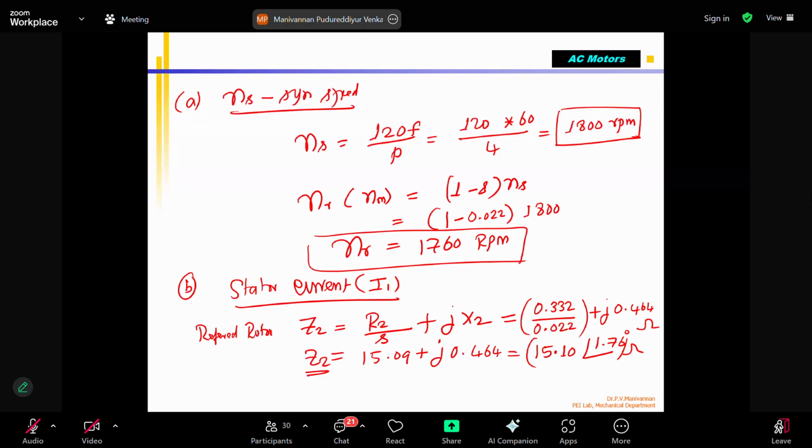The equivalent circuit we are talking about is with respect to the input voltage, the stator voltage V1. The current flows through, and that current goes into the rotor coil. Some part of the current is used for magnetizing, Im. The remaining part goes through the rotor by a magnetic field generated, as in a transformer. The rotor coil and the stator coil are like a transformer; power is transferred by magnetic coupling.